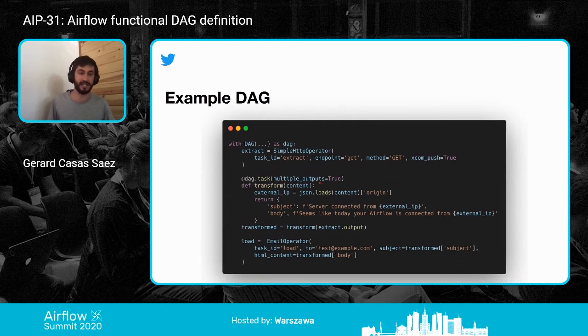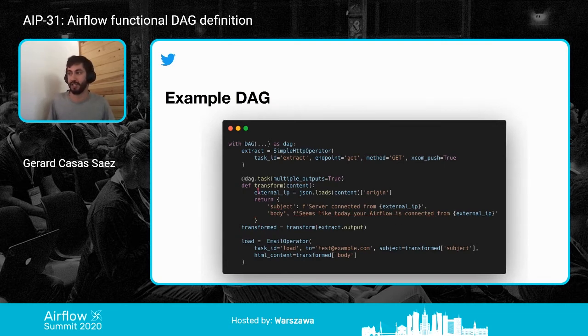As I mentioned, we have multiple outputs. We need to output the subject and the body. So we say that we need multiple outputs, and then we wrap the function. We just load the external IP, extract it from the JSON, and then return a dictionary with two values that are basically the subject and the body. We just use F-strings here for formatting.